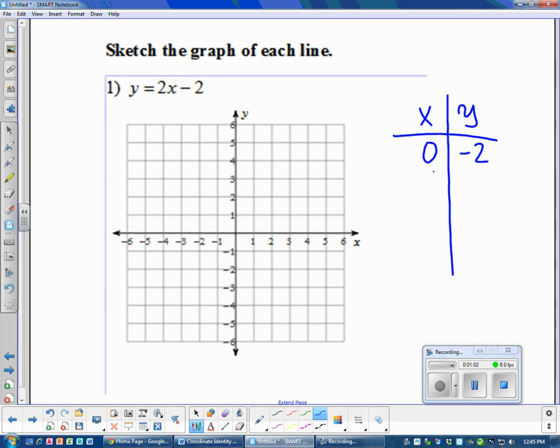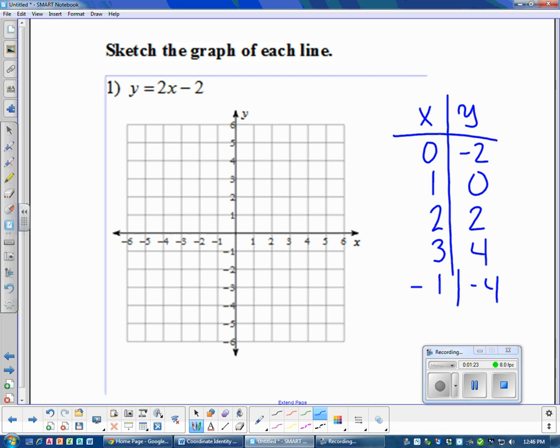If I put 1 in for X, then I get 0. If I put in 2 for X, then I get 2. If I put in 3 for X, then I get 4. If I put negative 1 in there, then I get negative 4.